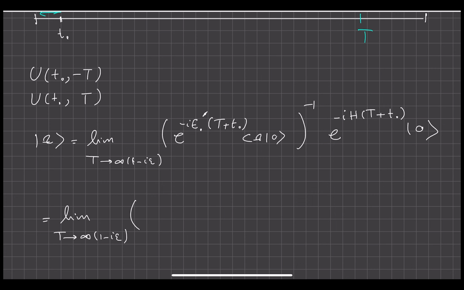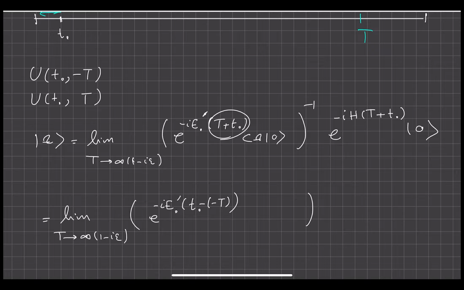And this is going to be equal to the limit of the same entity. Now I'm going to change the first parentheses here as exponential of minus E0 prime, and now I'm going to say, instead of t plus t0, t0 minus t.